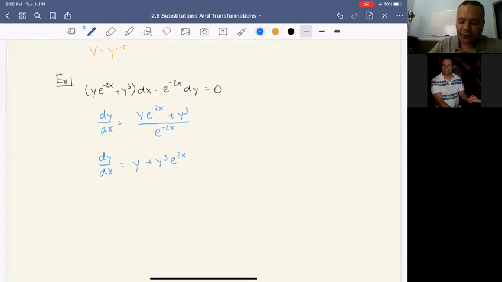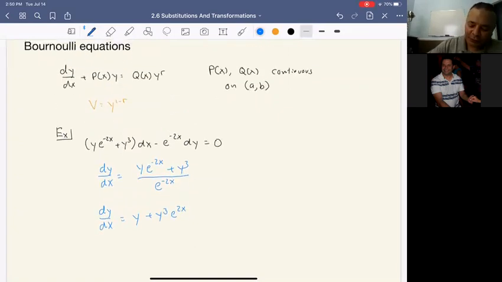Before we substitute, let's get it into the Bernoulli form. dy/dx minus y equals y to the third e to the 2x. Now we're going to do our substitution.